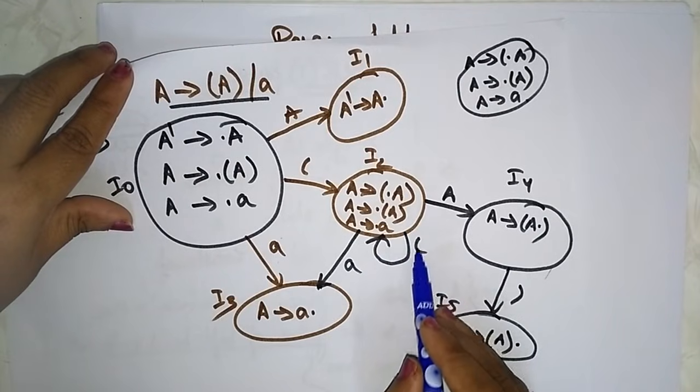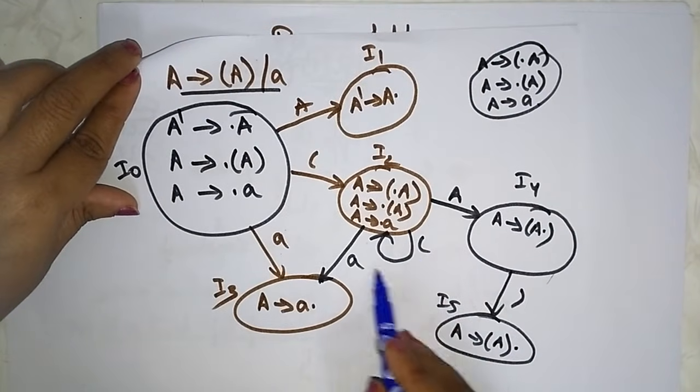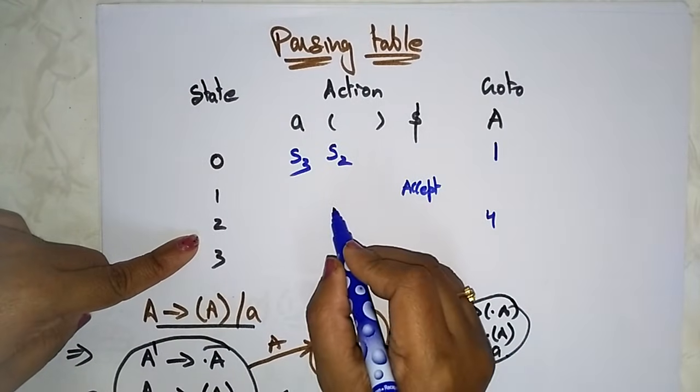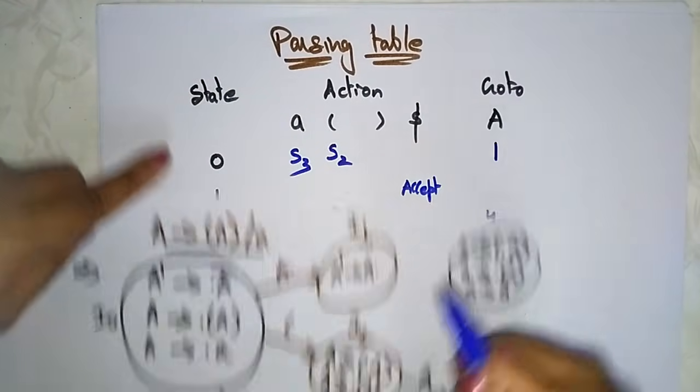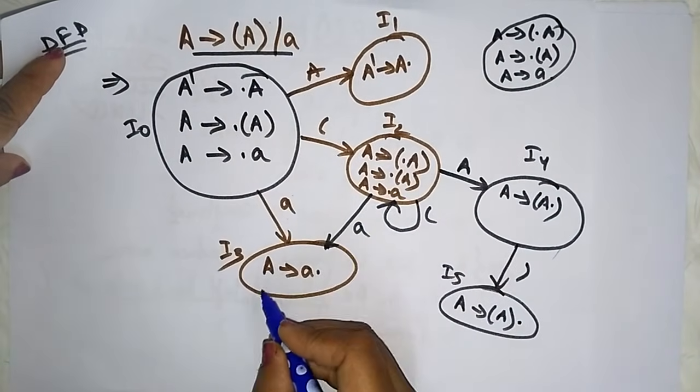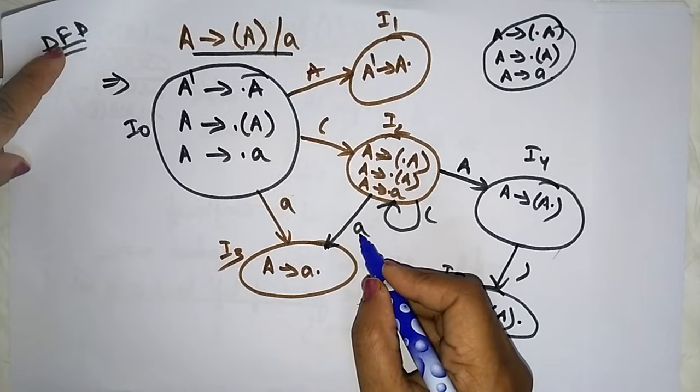A left parenthesis is a terminal, so you write shift S2. And on terminal A, I2 goes to I3, so shift S3.